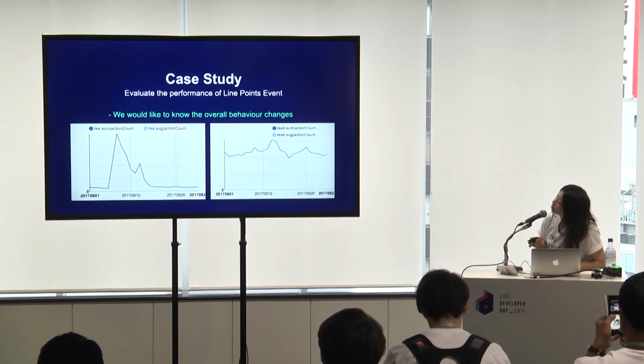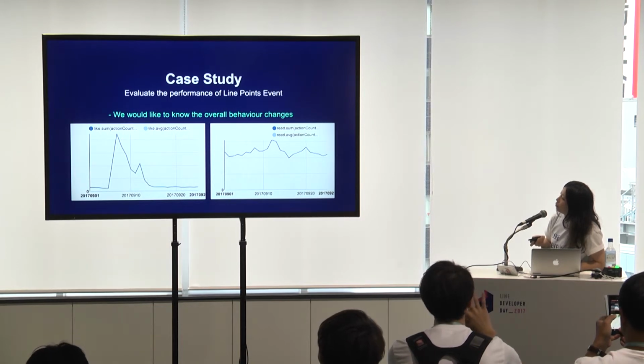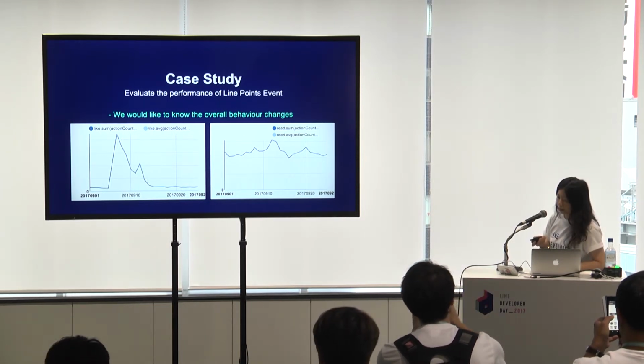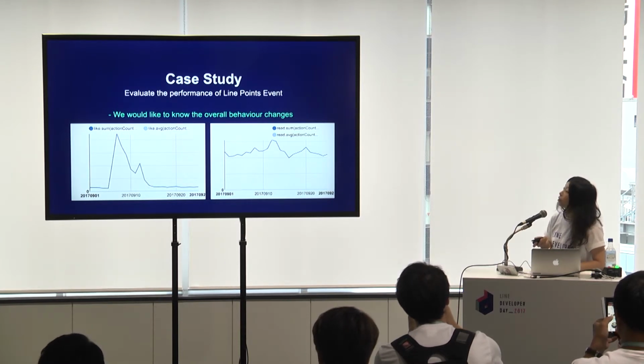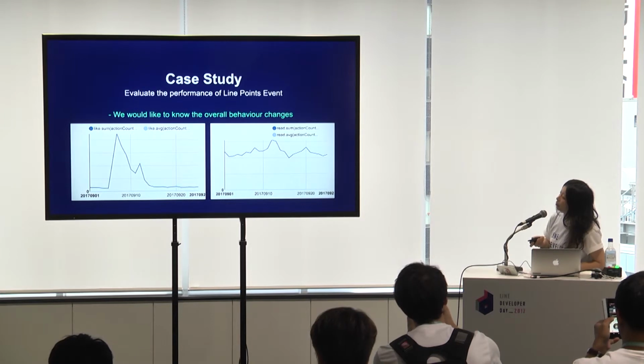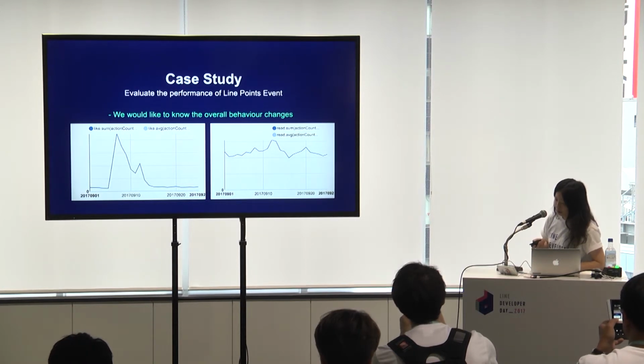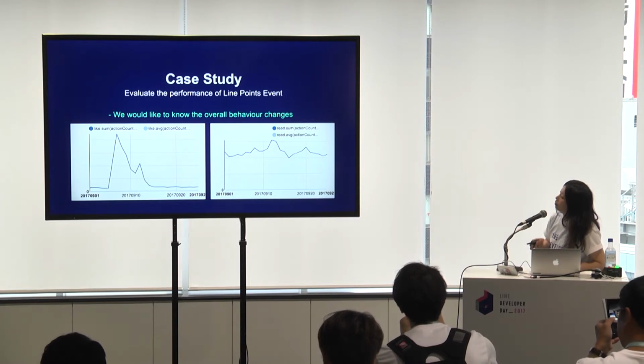Please note that in these two diagrams, the y-axis does not have the same unit and scale. From the picture on the left-hand side, you can see that during the points event, the total like count jumped up tremendously. And on the right-hand side is the figure for the total article read count. The points event can help with total reads too.